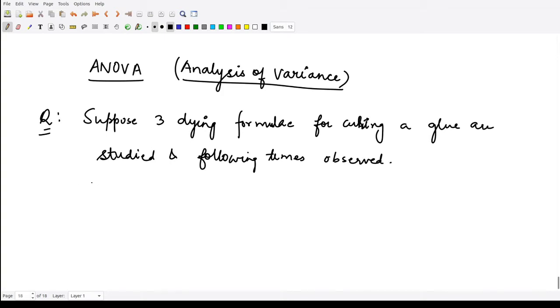That means you are given formula A, formula B, formula C, and corresponding to this the times for dyeing were noted.